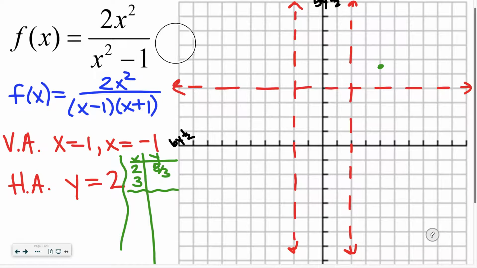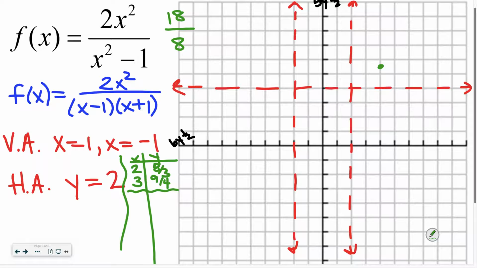Okay. What is 2 times 3 squared? 18. Over 3 squared minus 1, 8. And 18 over 8 would be the same as 9/4. Do you notice how I'm kind of making some scratch work and then putting my number in my XY chart? Okay, that's okay to do.